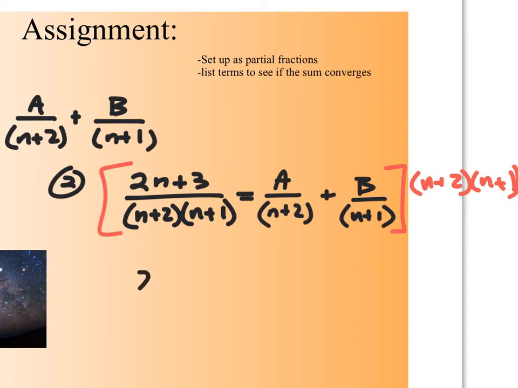Okay, so my first term would become 2n plus 3. Here I would get a times n plus 1 plus b times n plus 2.